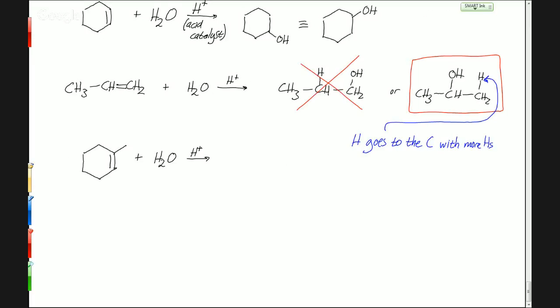And again, you're going to say to yourself, okay, I know the H goes to one side and the OH goes to the other side. So which one's going to go where based on that rule? We can talk about the top or the bottom carbon on the double bond. So which goes to the top carbon, the OH or the H? Why?